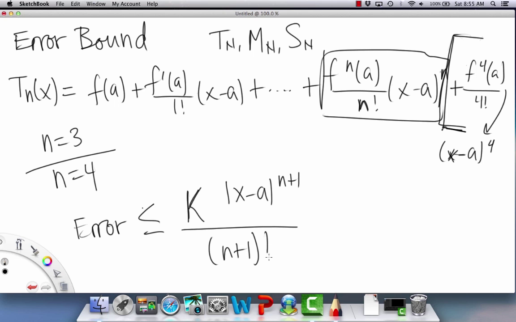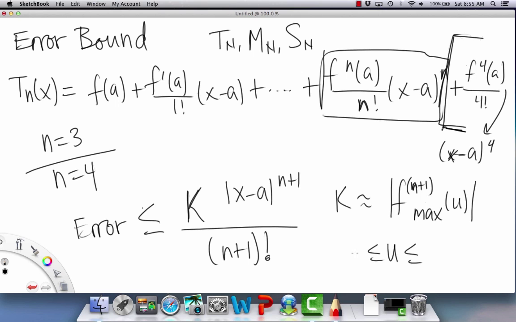n plus 1 factorial. Okay, where k is going to be, let's see, your f to the n plus 1 power, or degree, or something like that, your maximum value at a certain u, and this is absolute value, where u is in between your x and your a, so from a to x.